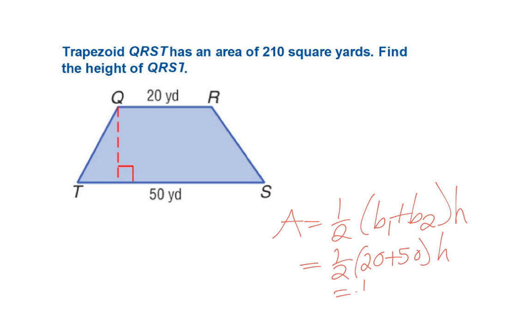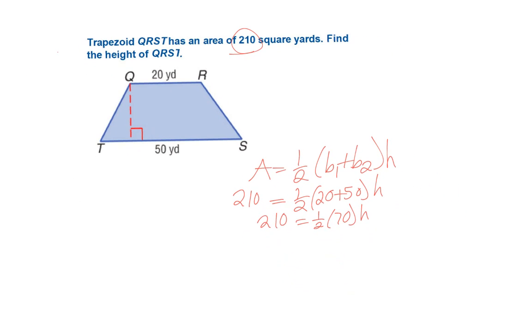So that's half of 70 times the height is equal to 210. Half of 70 is 35. Once I divide both sides by 35, I get my height is equal to 6 yards.